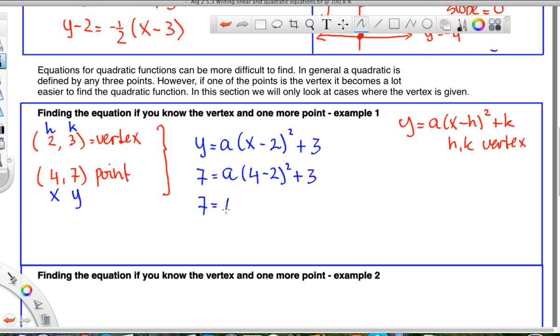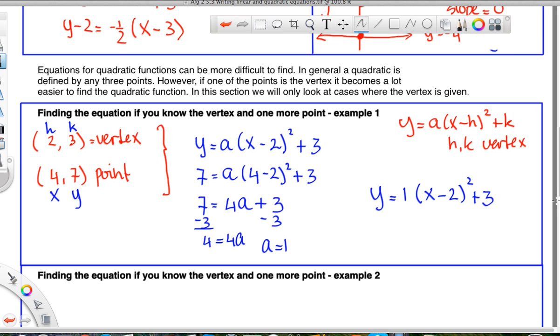And keep in mind that the 4 is multiplying the a, so you get 4a plus 3. It's not 7a. Then you subtract 3 on both sides. So you get 4 is equal to 4a. That means that a is equal to 1. So the equation for this parabola is y equals 1 times x minus, keep in mind that we know the vertex, so it's x minus 2 squared plus 3.